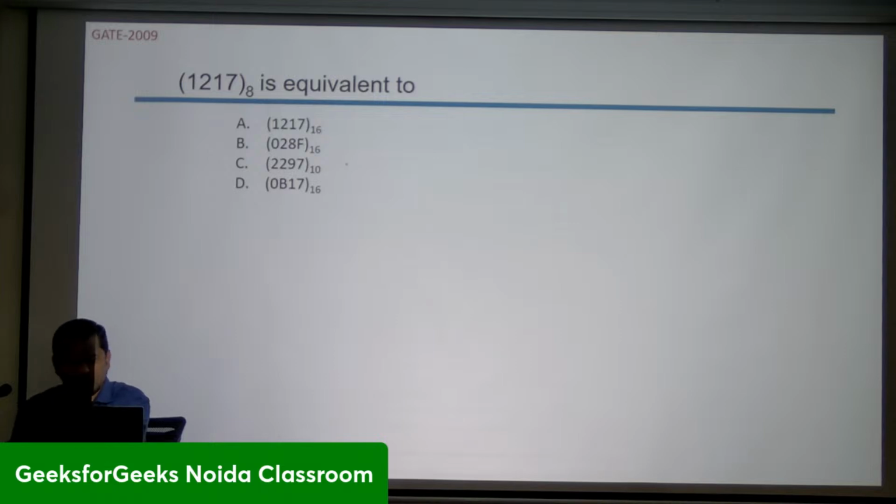So conversion from base 8 to base 16 is very easy. Just convert it into binary and then rearrange the bits. 1217 in base 8 is going to be simply 001, 010, 001 and then 111.